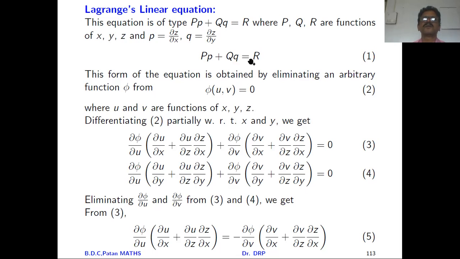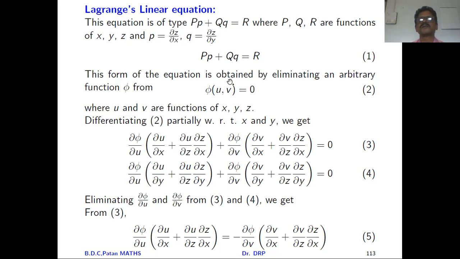So if the equation is in this form, where P, Q and R are functions of x, y, z, then that equation is called Lagrange's linear equation of first order. It is a partial differential equation of first order and first degree which is linear. The rest of the equations are non-linear.